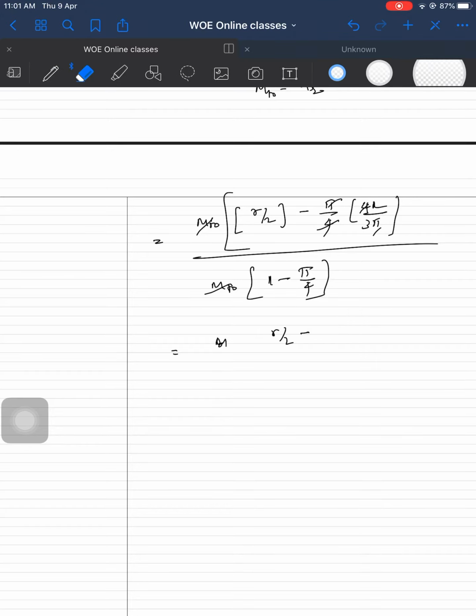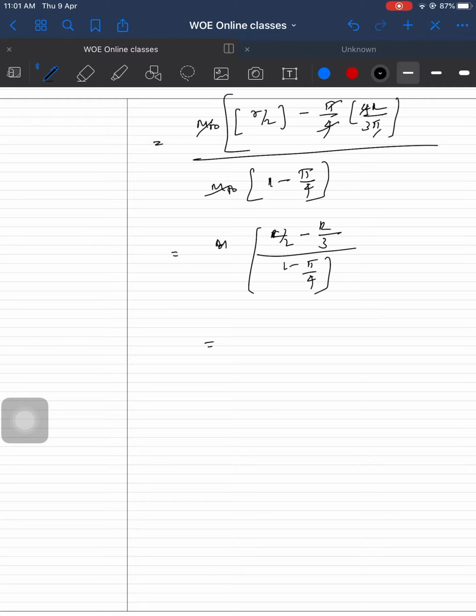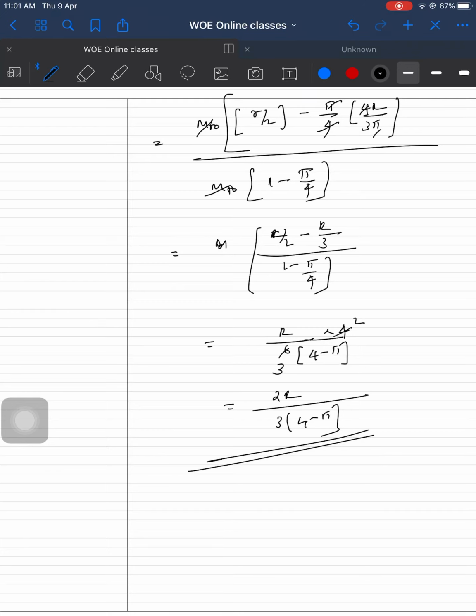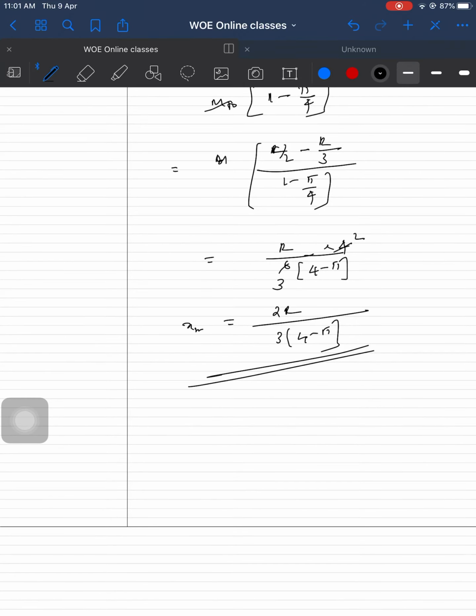It is equal to r by 3 divided by 1 minus pi by 4, which is r by 6 into 4 minus pi into 4, that is 2r by 3 into 4 minus pi. This is the position of the new center of mass, the x new center of mass.